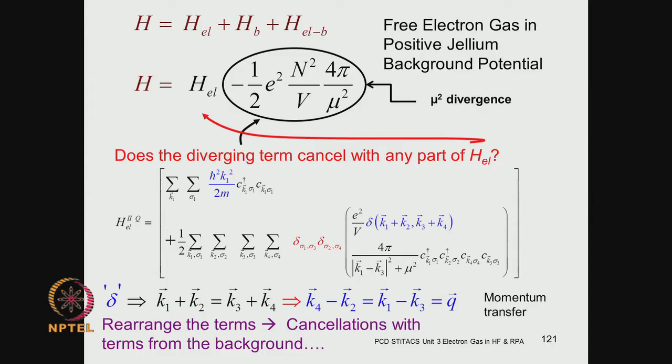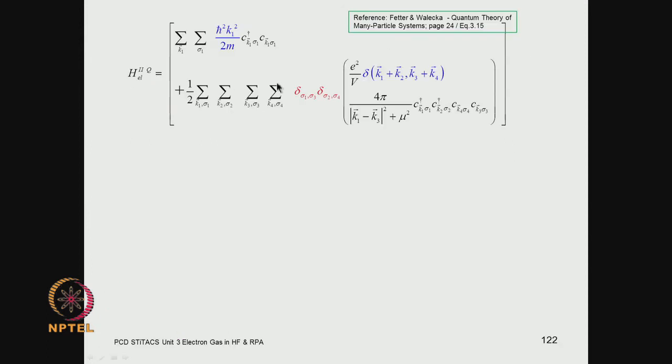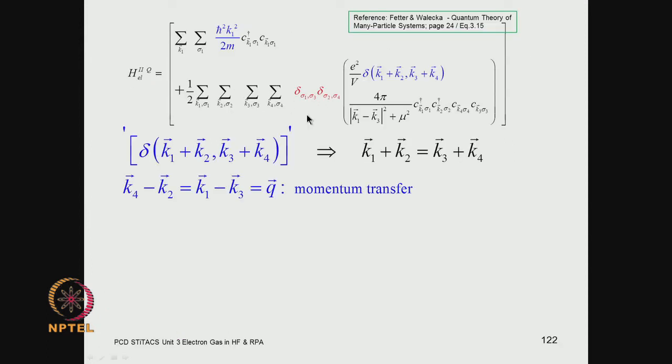So we will examine these terms very carefully and ask if any of these terms leads to a cancellation of this 1 over mu square divergence coming from the background terms. So this is the Hamiltonian now, and as we pointed out, you have got a constraint which is k1 plus k2 equal to k3 plus k4, which means that you really do not have 4 momentum variables.